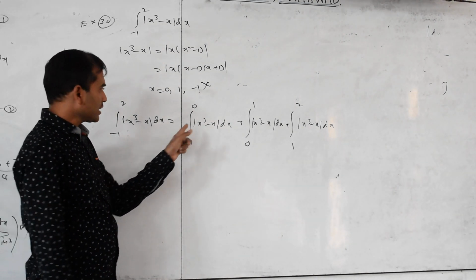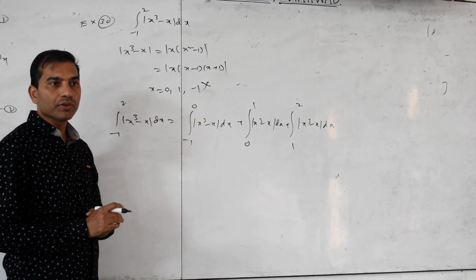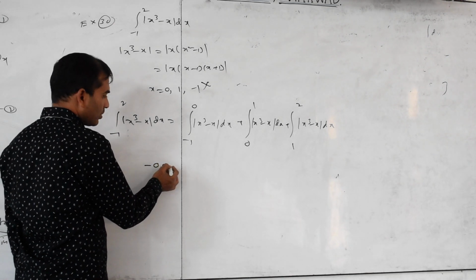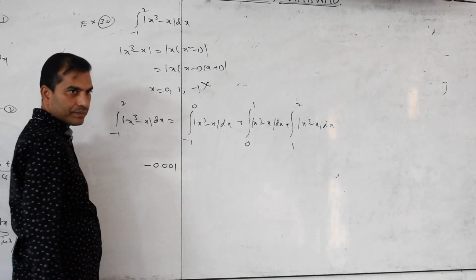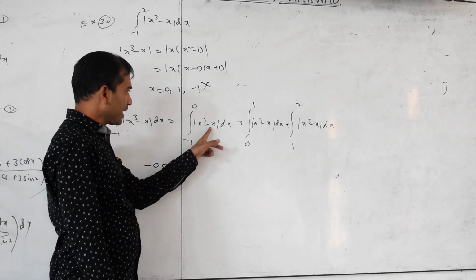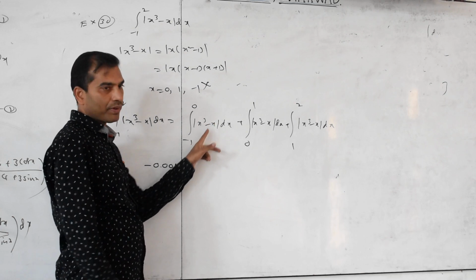Then -0.1 whole cube is -0.001, minus (-0.1) is plus 0.1.